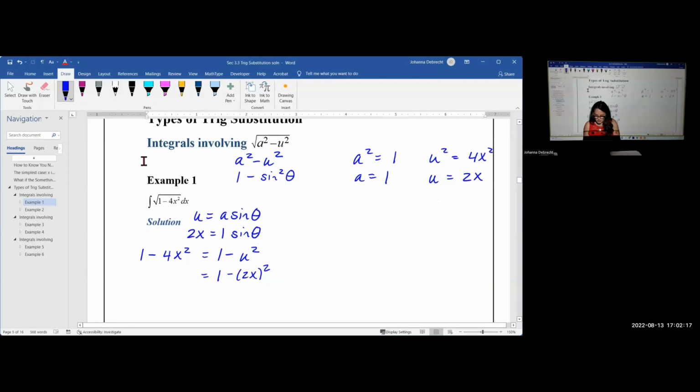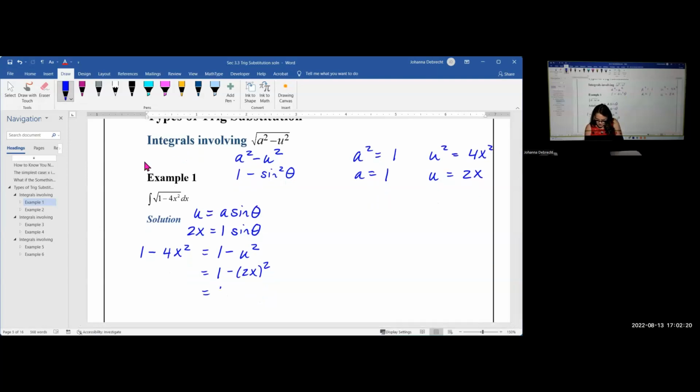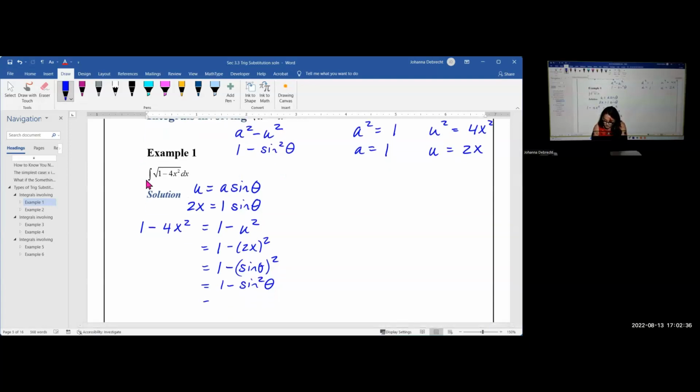And then I can replace the 2x with sine of theta. That gives me 1 minus sine squared of theta, and 1 minus sine squared of theta, of course, is cosine squared of theta. So now I have switched the expression under the radical from something in terms of x to something in terms of theta, and from 2 terms to 1 term. That's a third of what we have to do.